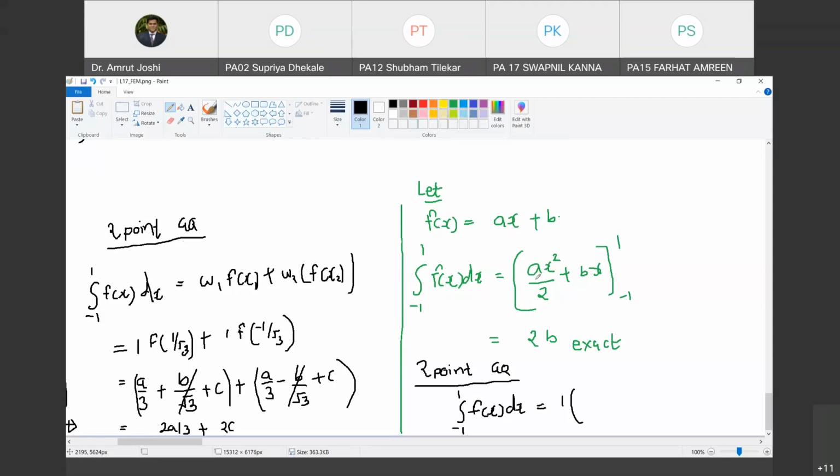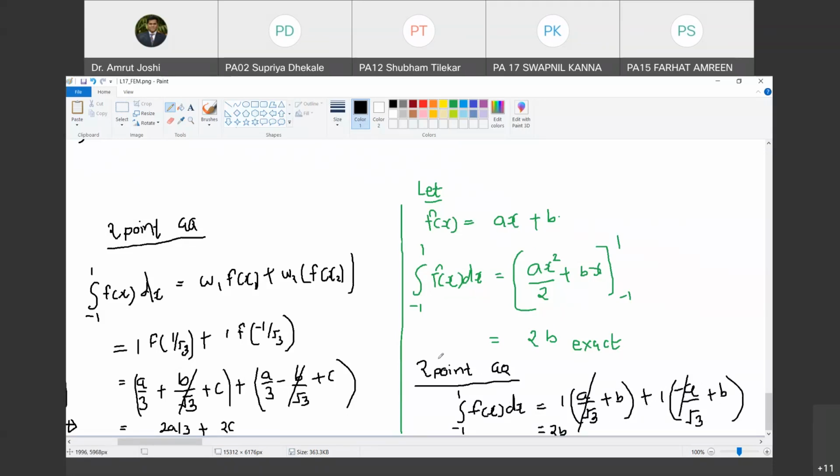So if I substitute 1 by root 3 here, I get a by root 3 plus b. Agreed? Yes. Plus 1 into f of -1 by root 3. When I substitute -1 by root 3, I get minus a by root 3 plus b. So a by root 3 and minus a by root 3 get cancelled. And you get the answer as 2b, which is equal to the exact answer.